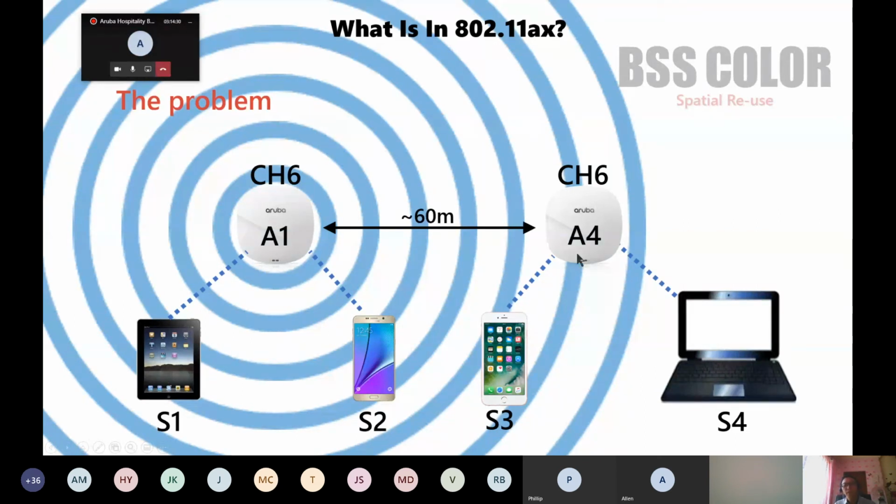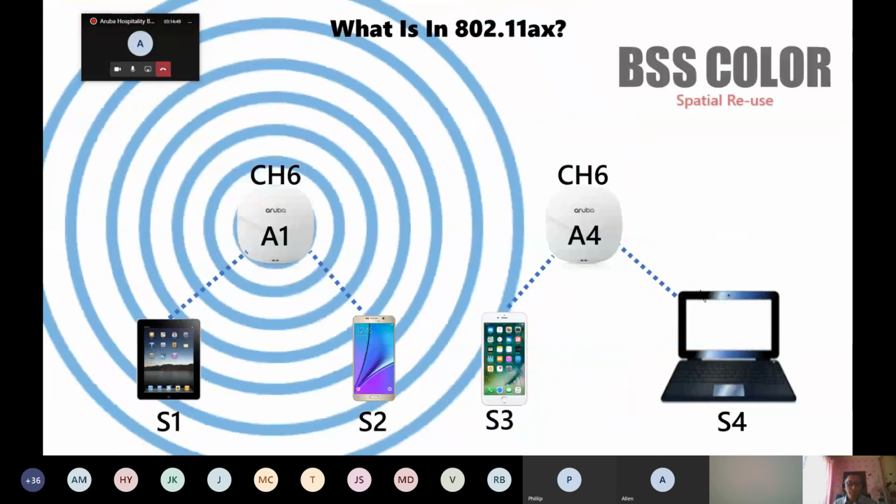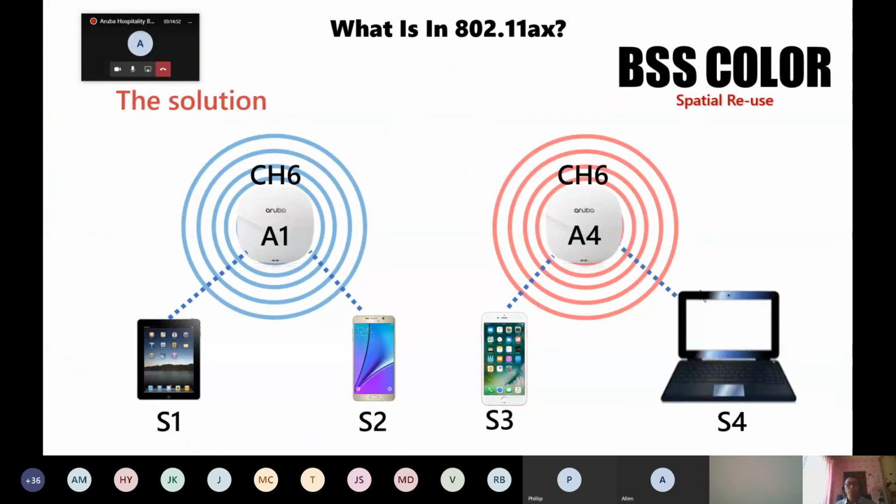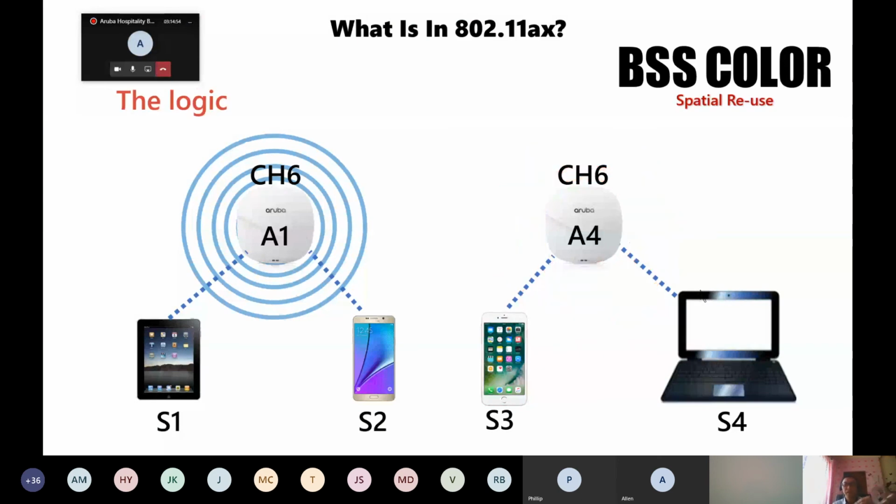So if A4 wants to send a transmission to its own clients, it's going to check if the channel is busy. If that signal is strong enough, above -82, it's going to say yes, the channel is busy. So what does it do? It'll wait. And that is exactly the problem we saw when we did the design analysis of the APs in the corridor. The AP will be waiting for one another to complete the transmission before it services its own clients. That is what causes co-channel interference and performance issues.